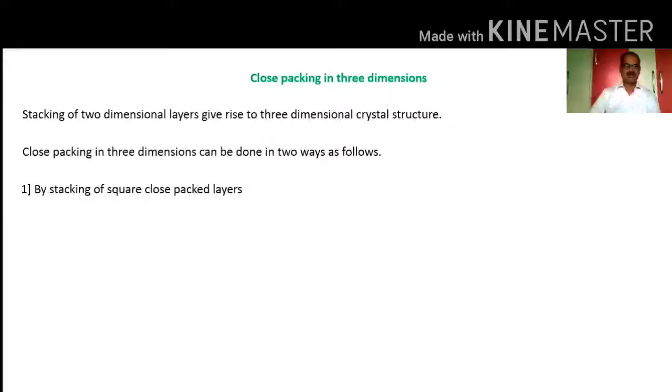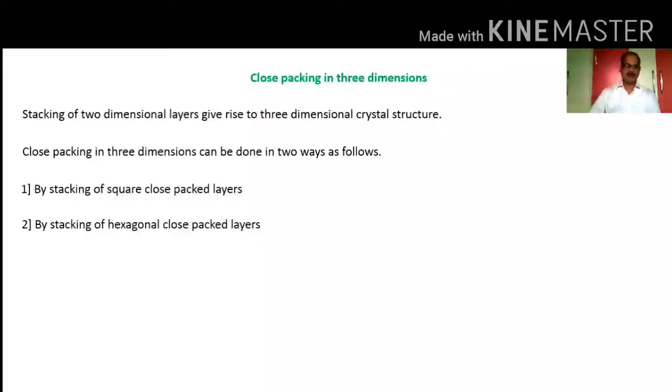One, by stacking of square close packed layers, meaning in this case we will be taking many AAAA type of two-dimensional layers and we will be arranging them one over the other.